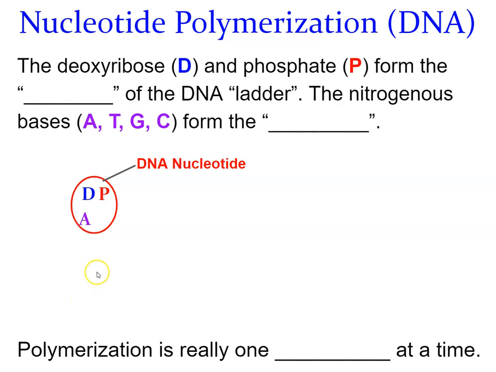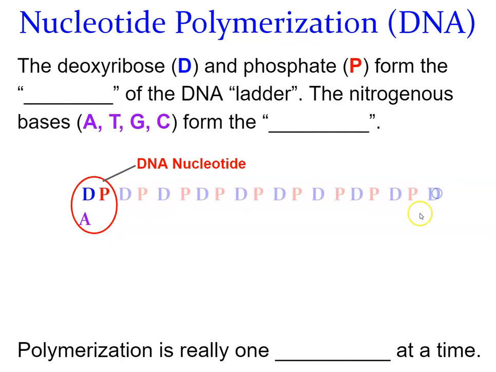Next, we're going to go ahead and construct one of the backbones of one of the polynucleotides. So all that means, and this is what you should do too, is you're alternating deoxyribose phosphate. In other words, DP, DP, DP, DP, DP, DP, all the way along here, just like this.